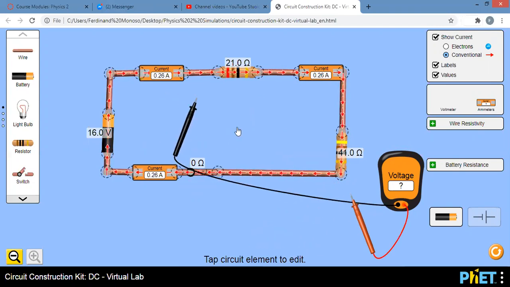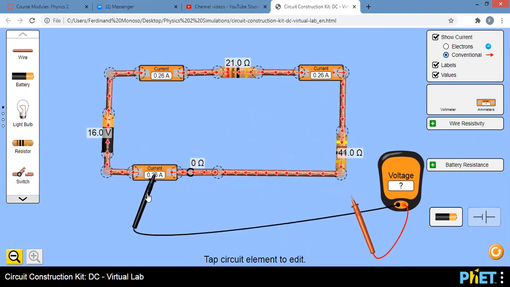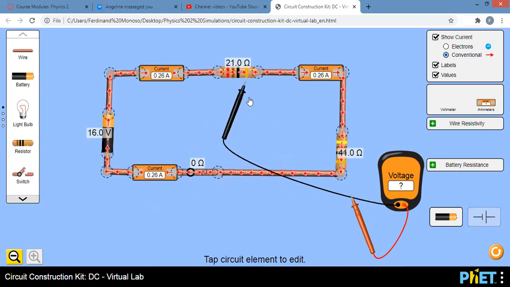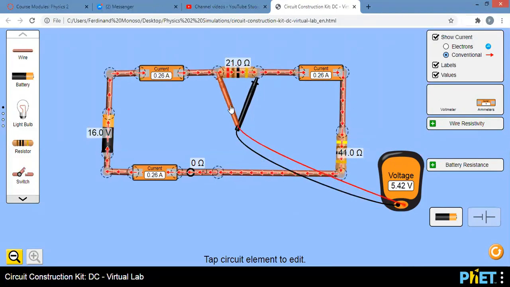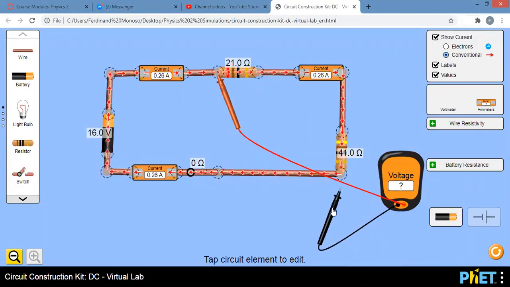Current is 0.26, and this one is 0.26. Let's measure the voltage. V1 is 5.42. Did you get the value, Jason?